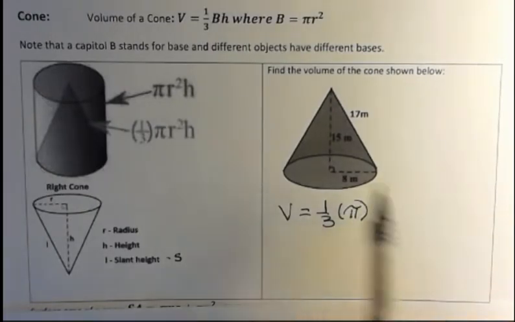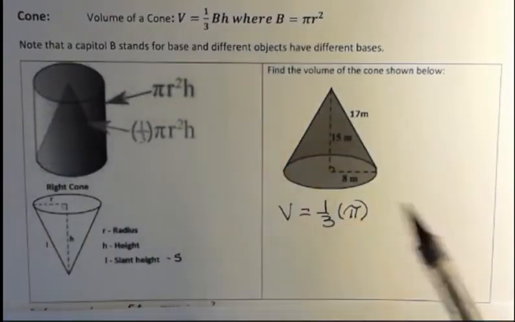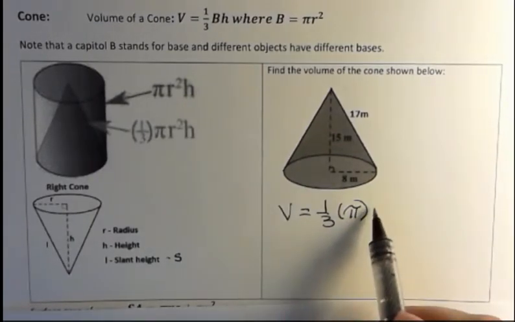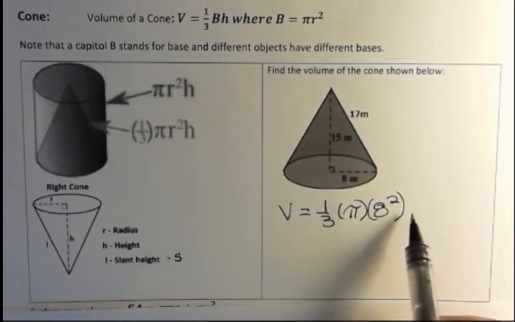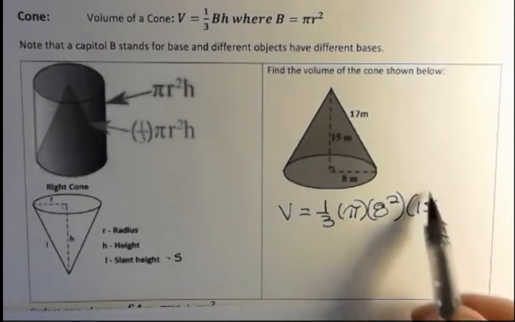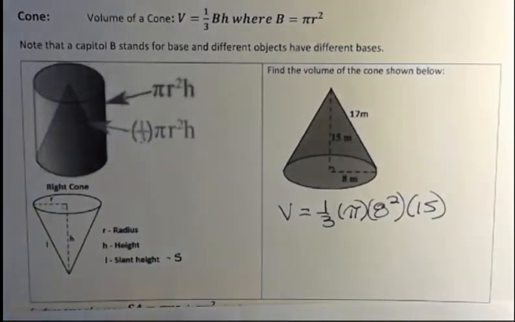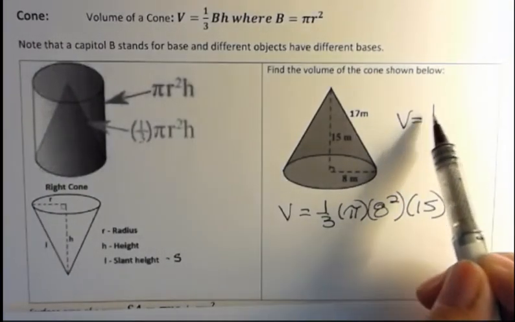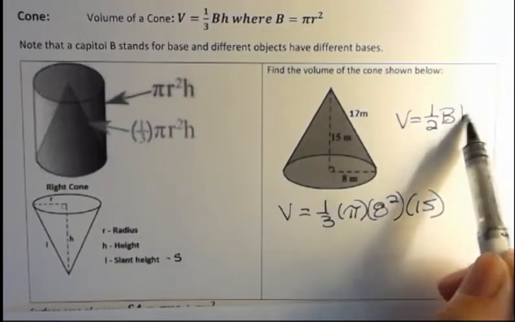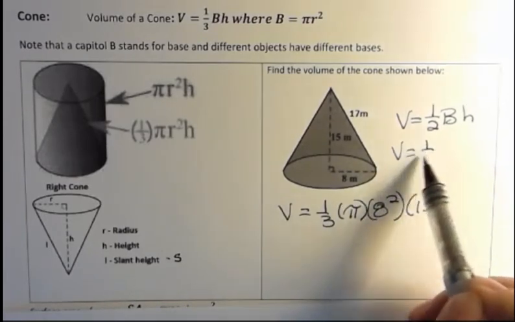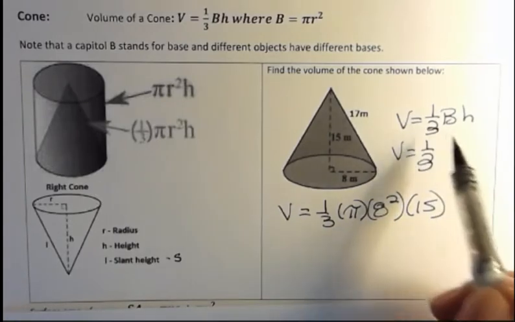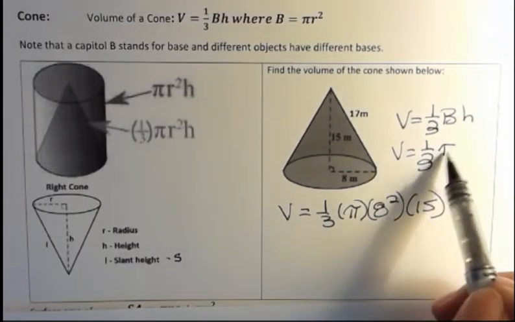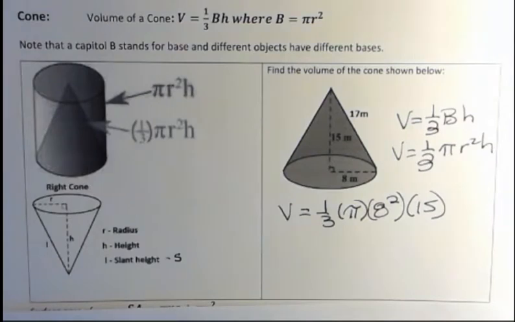The base is pi r squared, right? So we have pi, and then the radius is 8, and the height is 15. When I write the formula as 1/3 base times height, that's just an easy way to write it, but we also could say 1/3 pi r squared h, because pi r squared is our capital B here.